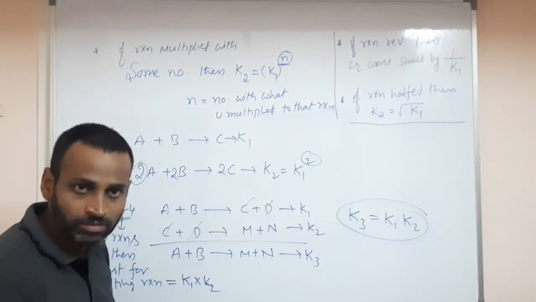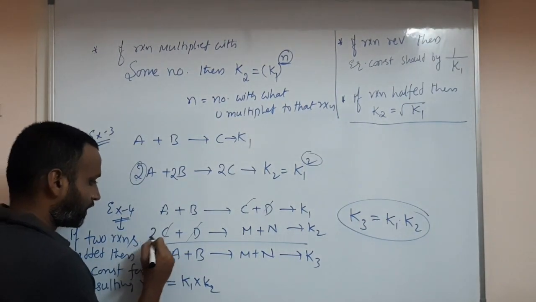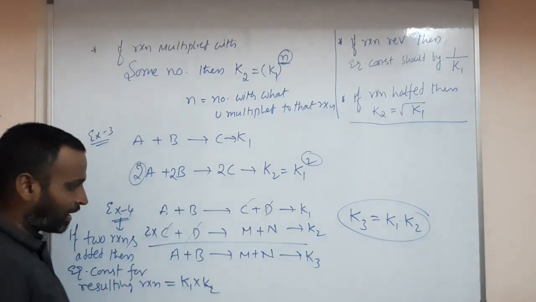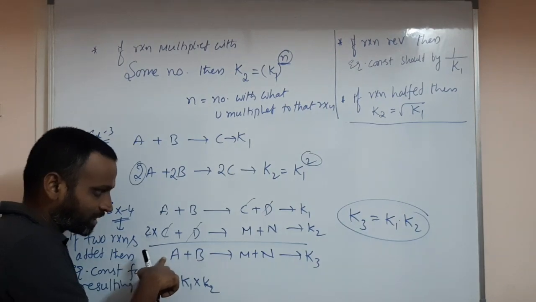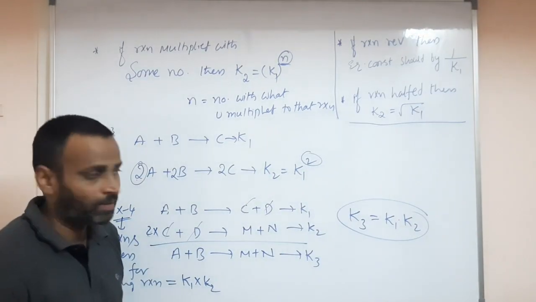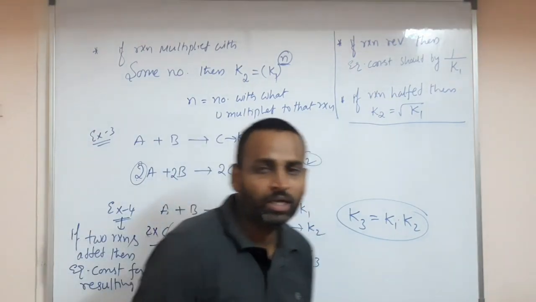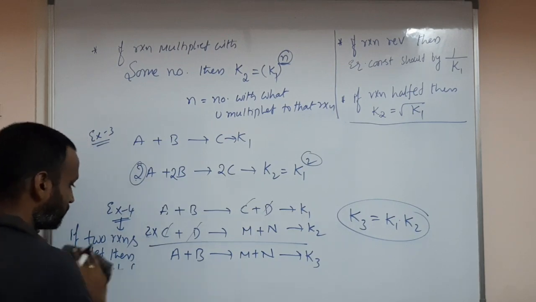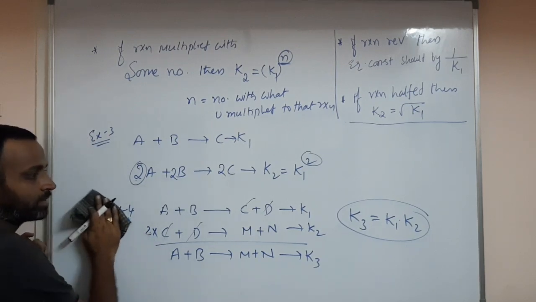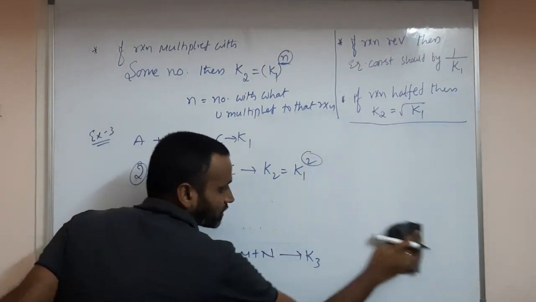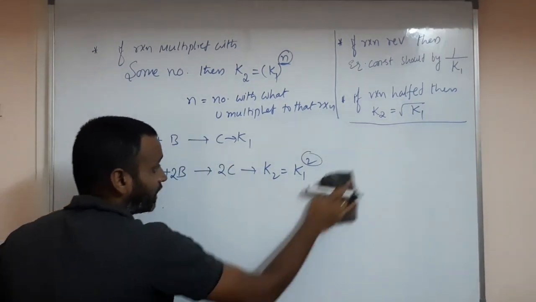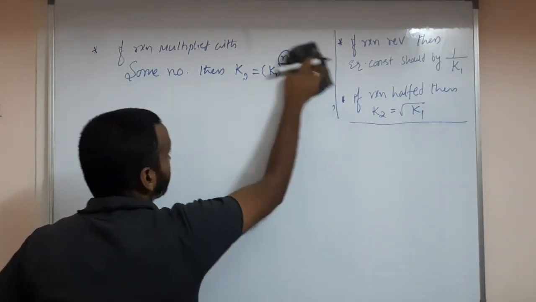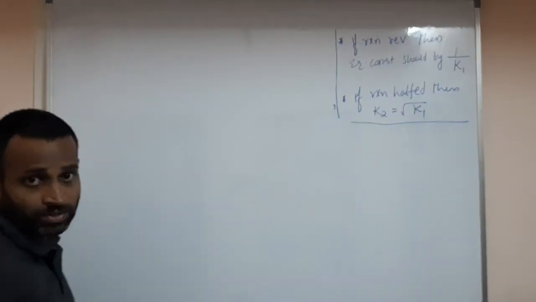Got it clearly? If you multiply a reaction with some number like 2, and both reactions are added, and they ask what is K3, then K3 is equal to K1 into K2. Based on this also you will have numericals. Please remember, so I repeat, write down all these things. When two reactions are added, the equilibrium constant for the third reaction is the product of those added reactions.